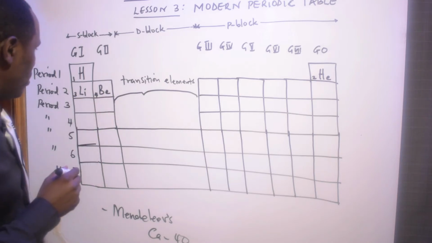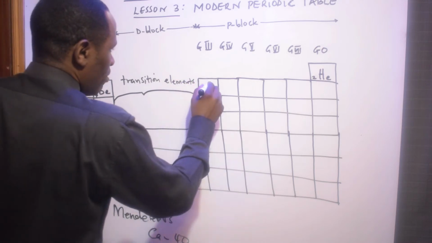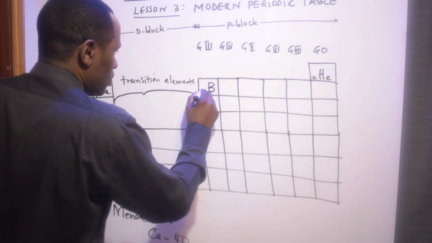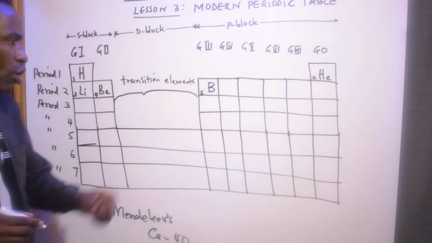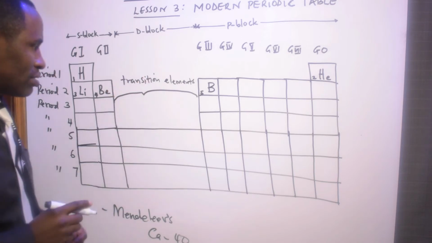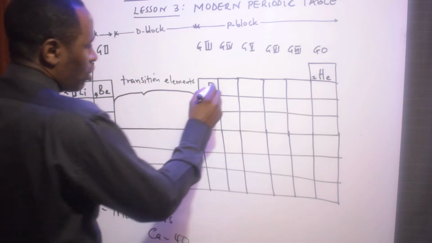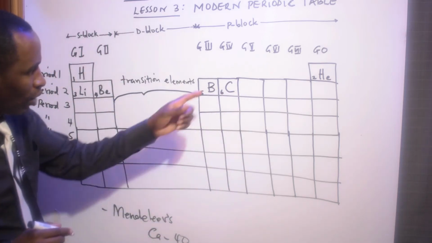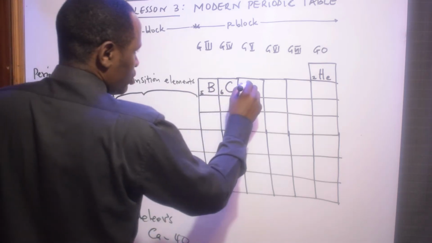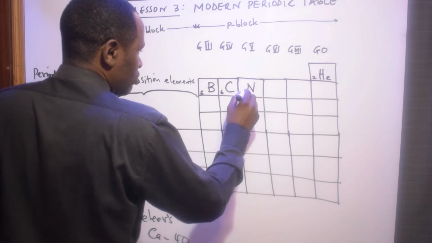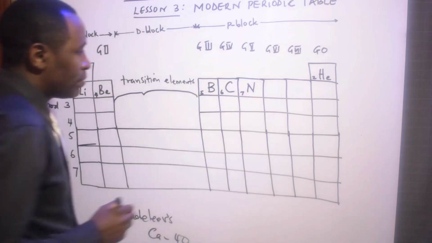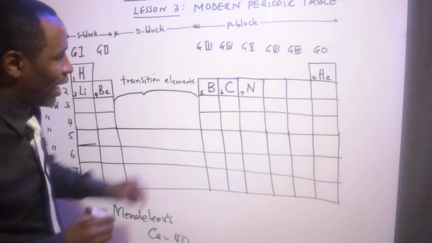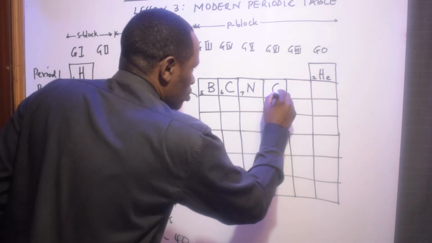Atomic number 5, we are going to have boron. Atomic number 6, carbon. Atomic number 7, nitrogen. Atomic number 8, oxygen.